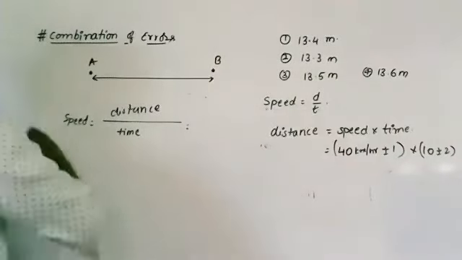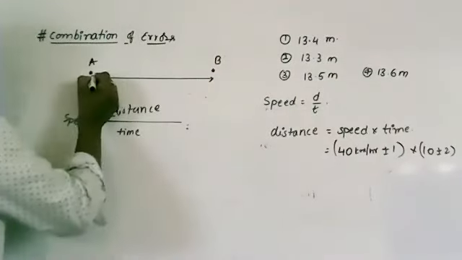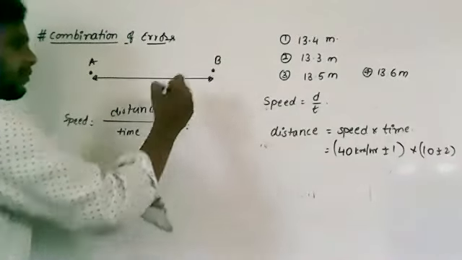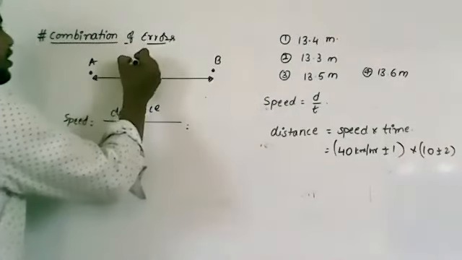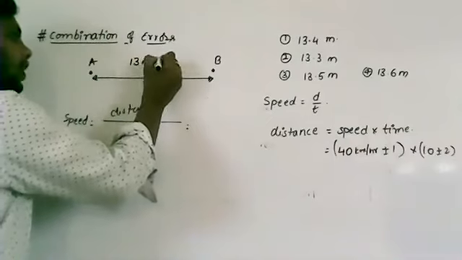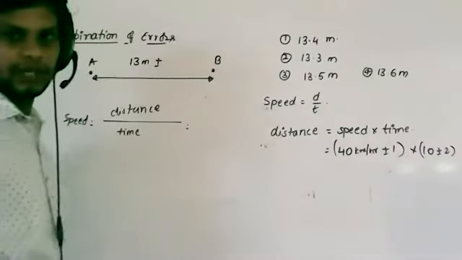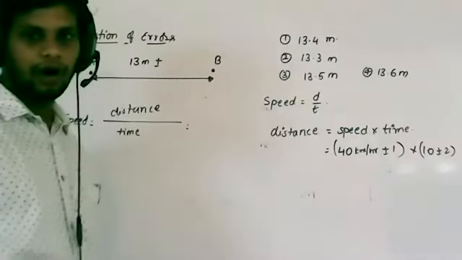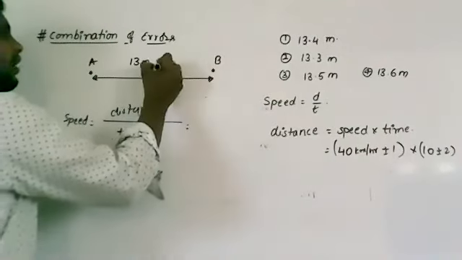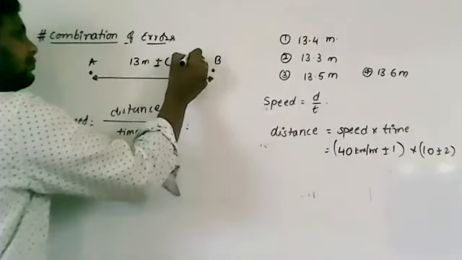Therefore, let us say the distance from A to B is 13 meters plus or minus some error.